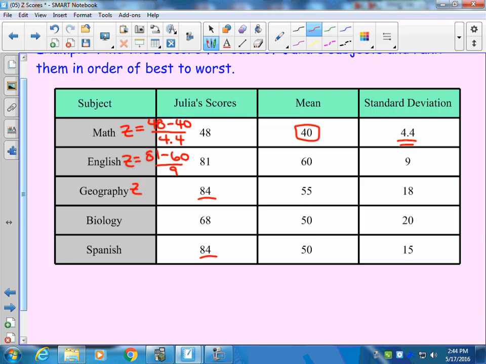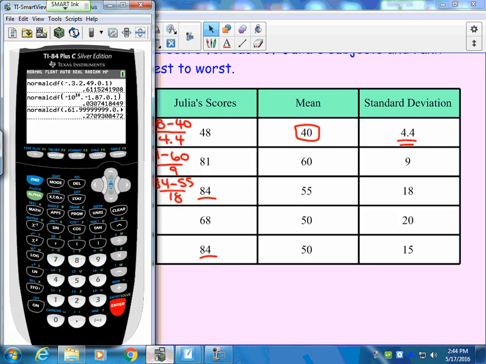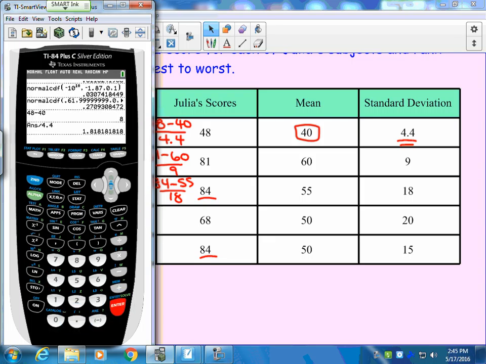In geography, her z-score, 84 minus 55 divided by 18. Okay, so we're going to use the calculator to find these values. 48 minus 40. Be careful when you enter this one. I always hit enter here first before I divide to make sure that I don't make a mathematical mistake.